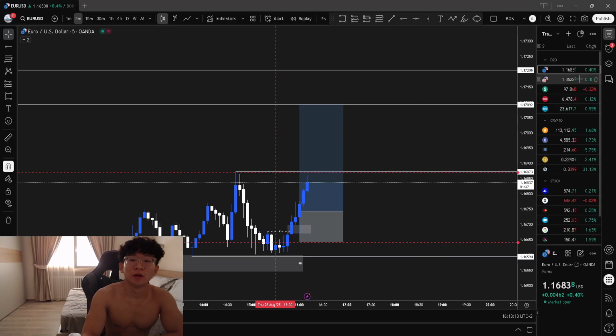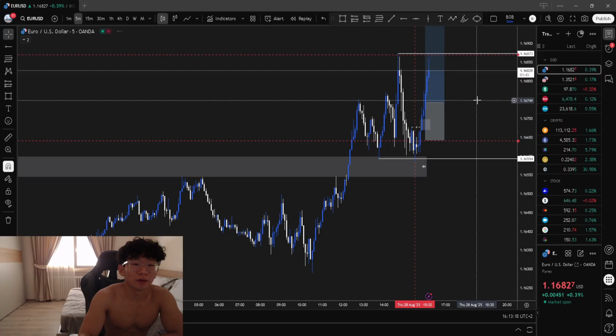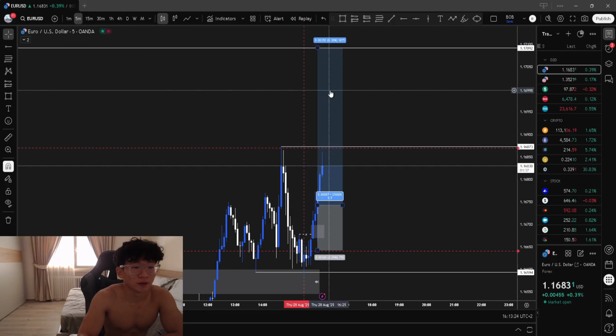Okay, so we hit take profit one on GBP USD even though we are not in it, and it seems like Euro USD is starting to reject this zone right here.